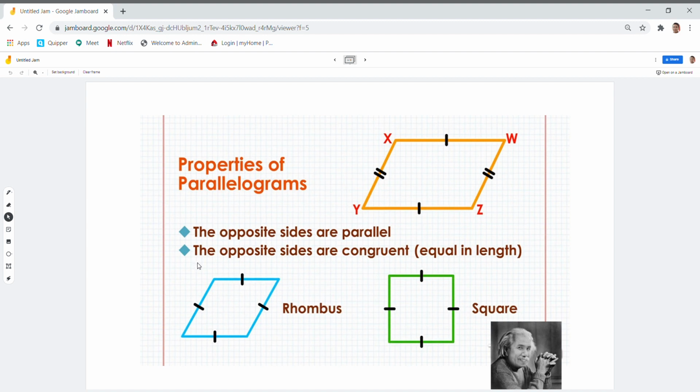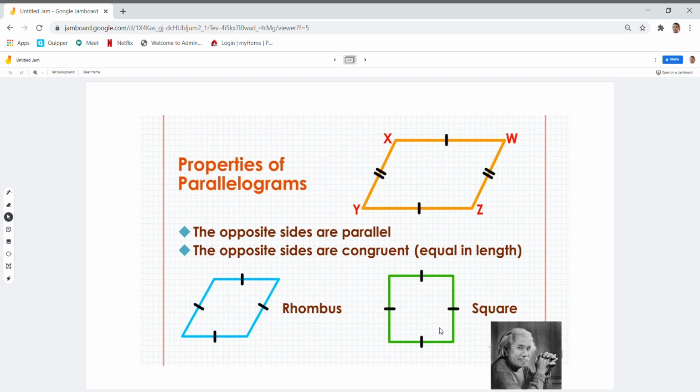Another property is the opposite sides are congruent. Do you see? These sides are congruent. Their measures must be the same if you are to measure them, if there is measurement indicated. Also, these two opposite sides must always be equal in length. In the rhombus, as you can see, here is the rhombus, there is an indication of one tick. That means all of these sides are equal in length, so congruent sides.